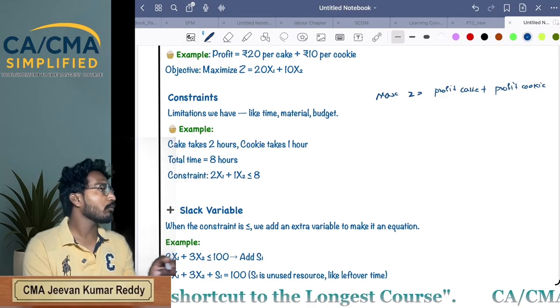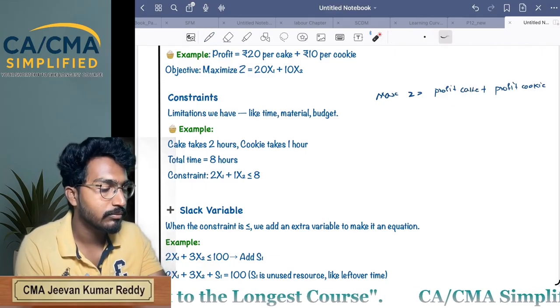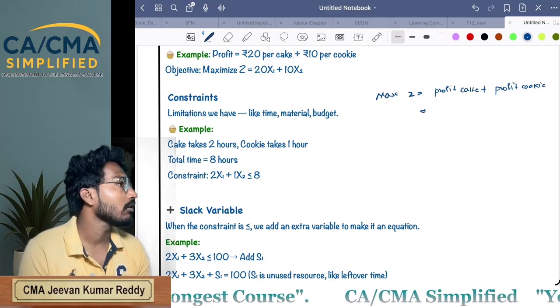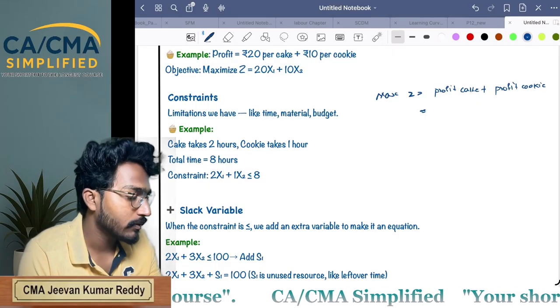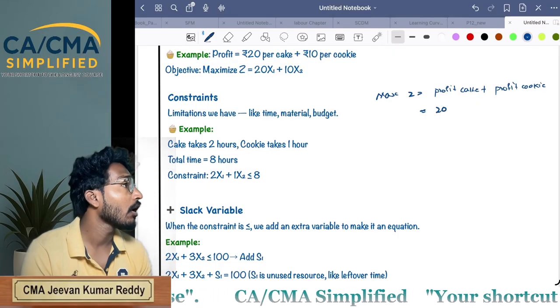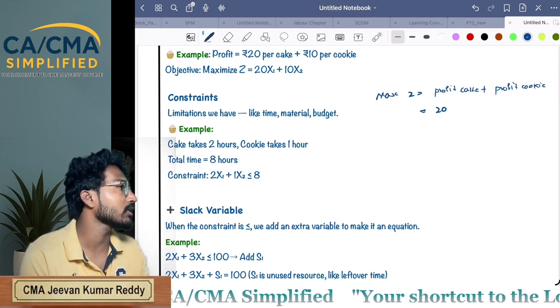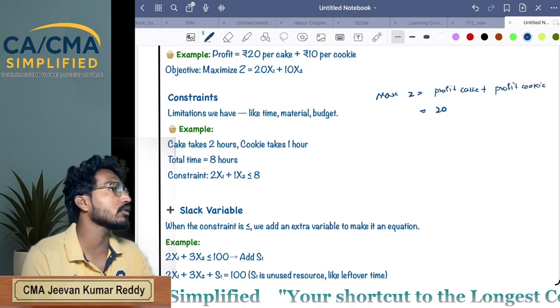How to get the profit of cake? You know that by selling one unit of cake, you will get 20 rupees, into the number of units. You don't know the number of units. That is what we need to find, the number of units of cakes and cookies.